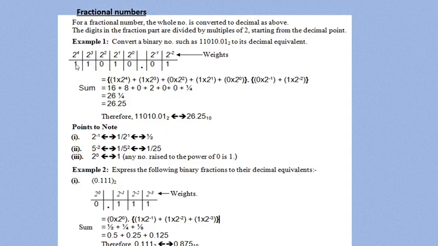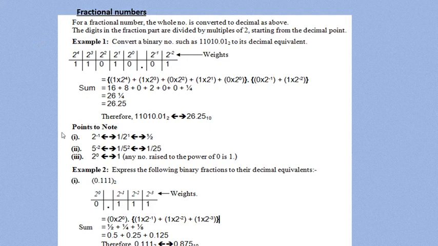You only draw the schedule again, only that where there is a decimal point, you indicate it. Then, from the decimal point towards the right hand side, the powers decrease, and therefore you start from 2 raised to power -1, then power -2, power -3, and so on.